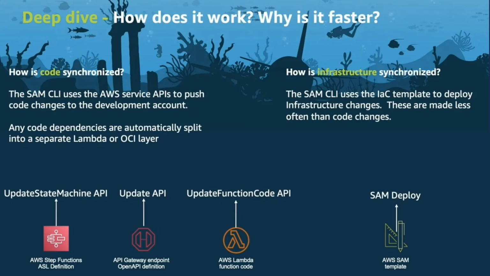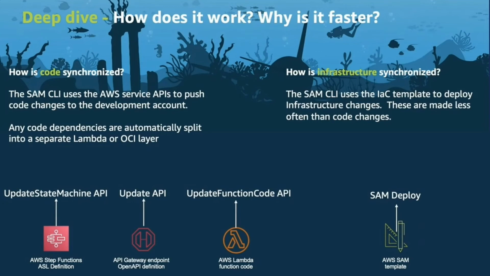infrastructure changes. So any change in code, and by code I mean Lambda function code, an API Gateway OpenAPI definition, or an AWS Step Functions ASL definition, if any of these changes are detected, it will use the relevant service API to upload that change directly to your AWS account.